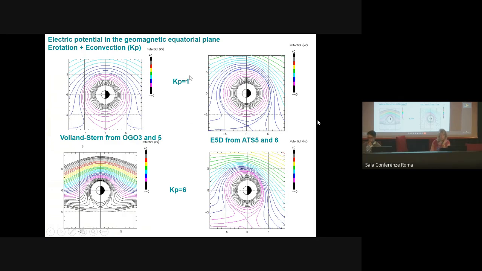When Kp is small, you have a large region in co-rotation, as you can see here. When Kp increases, the convection becomes stronger, and you can see that the region where co-rotation is dominant is smaller.